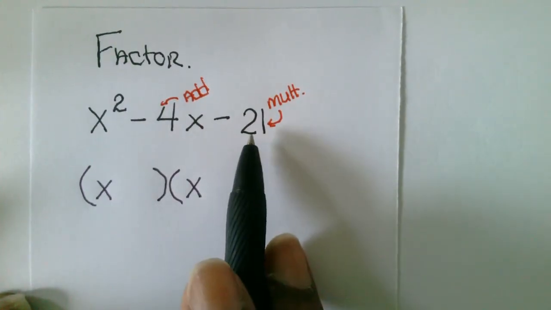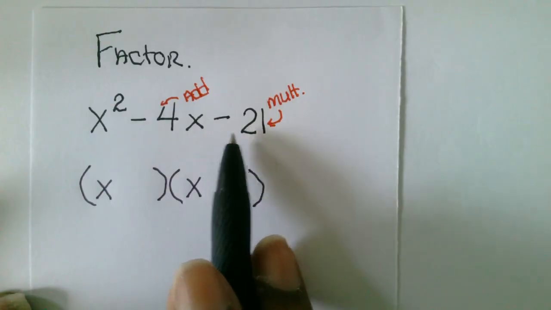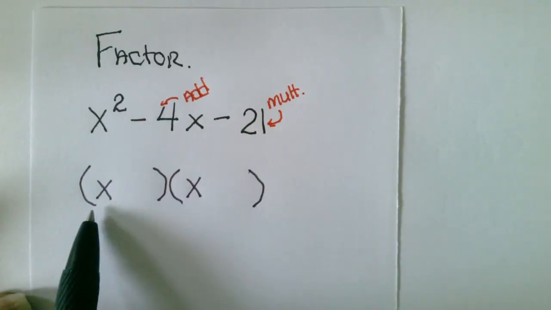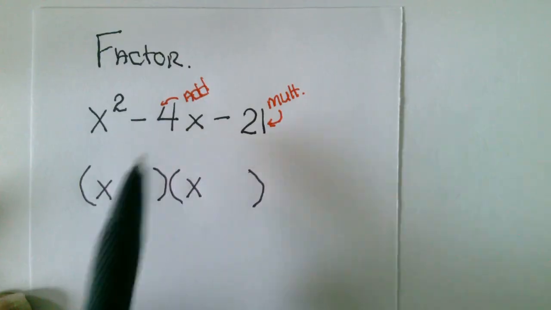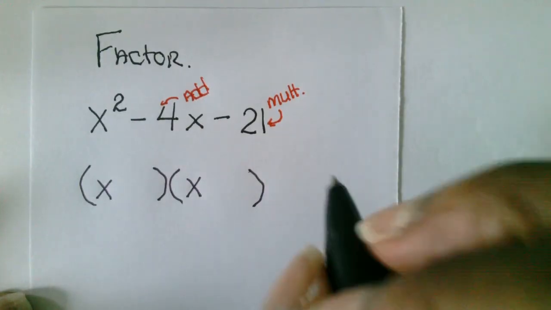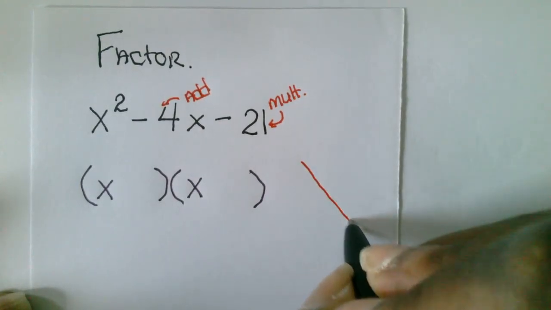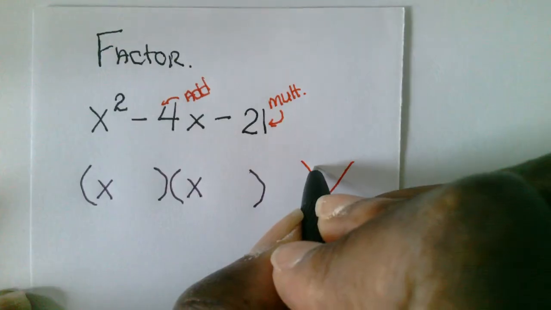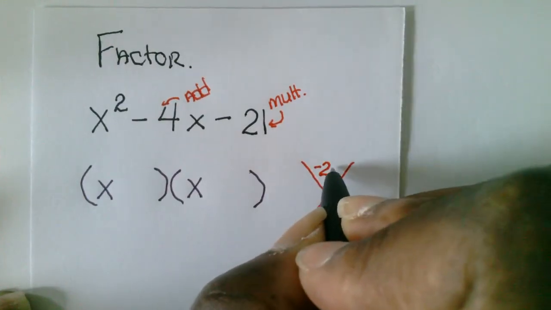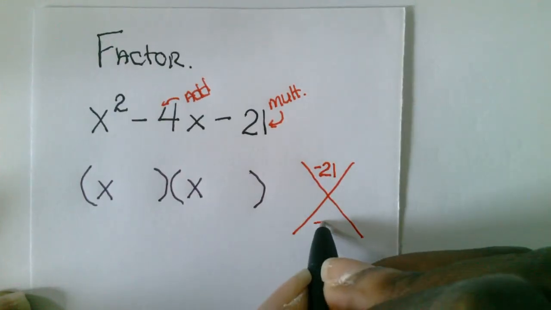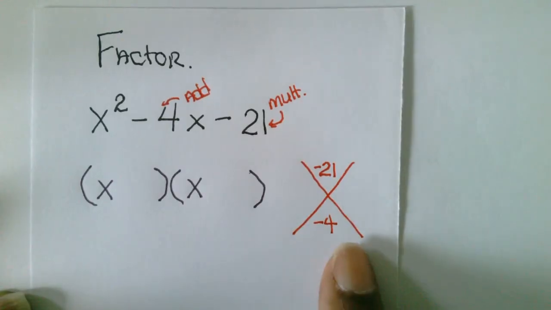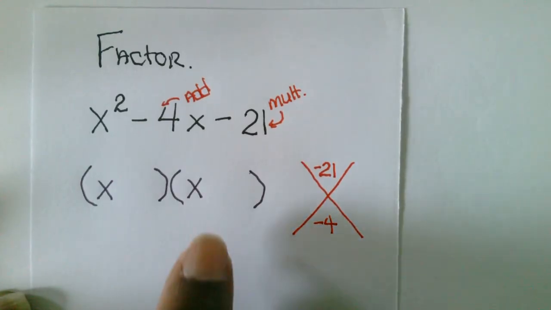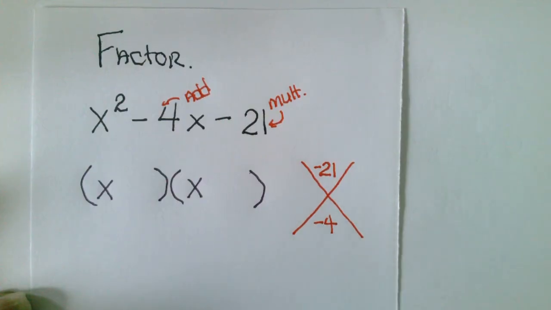So what two numbers multiplied together will give me a negative 21 and add together to give me a negative 4? So to keep track, a lot of people will say, all right, here's my negative 21 and here's my negative 4. Some people like to do a cross. Some people like to do a table. Do whatever you love to do.